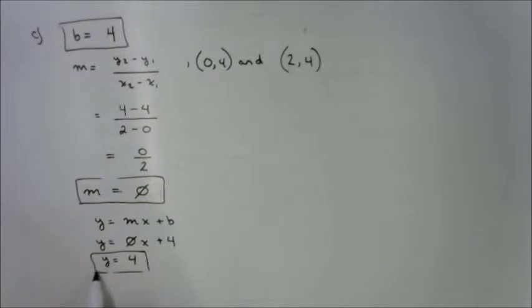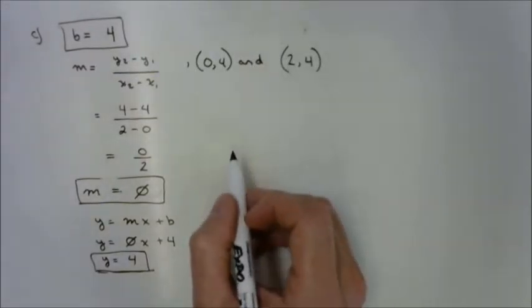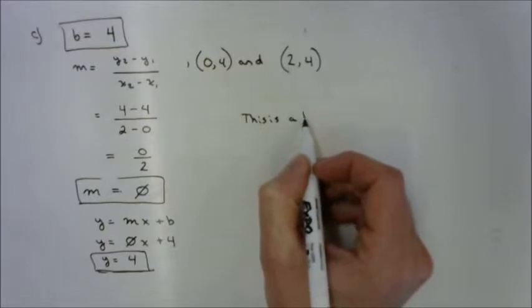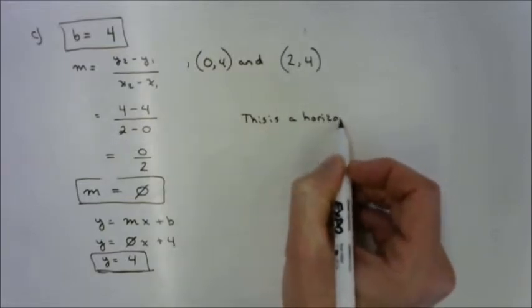The equation of a horizontal line is in the form y equals a constant. Y will always be 4. Okay? Let's make a little note here. Hopefully you have some space. This is a horizontal line.